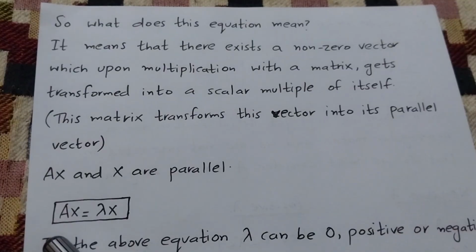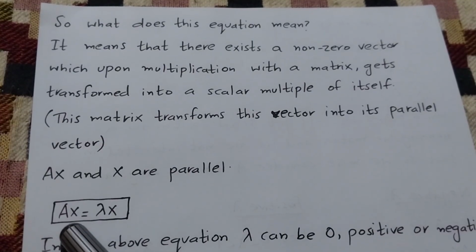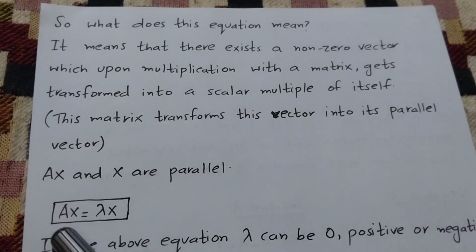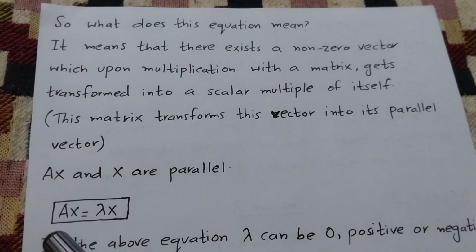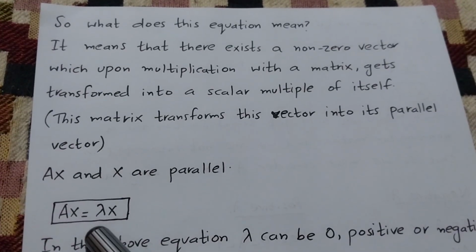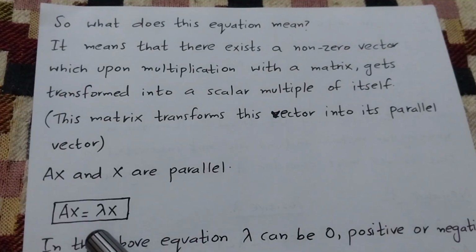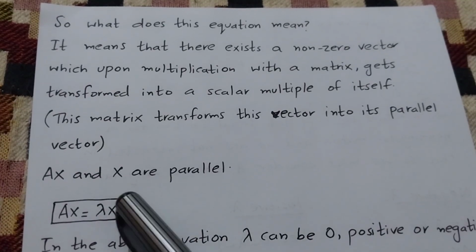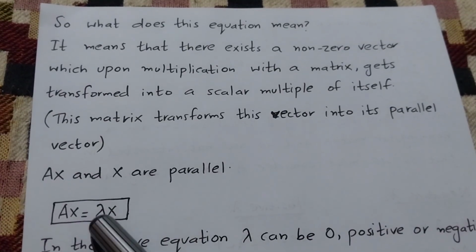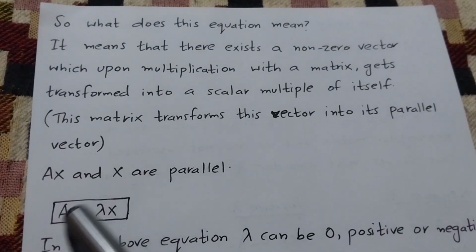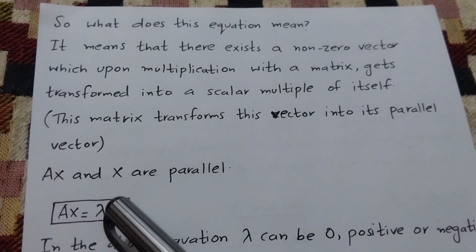We are taking a non-zero vector here, which we are calling eigenvector, and we are multiplying it with a matrix, and it is resulting in a scalar multiple of itself, a number multiplied by that same non-zero vector. And this is basically the concept of eigenvector.